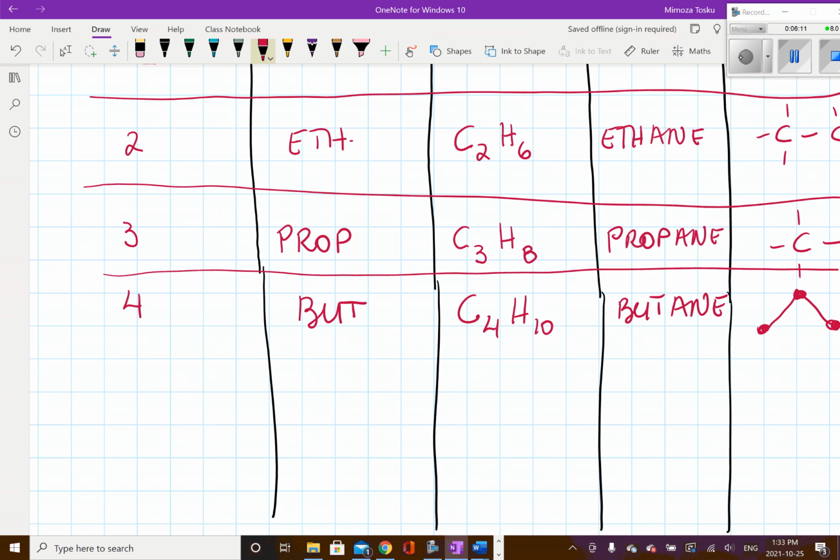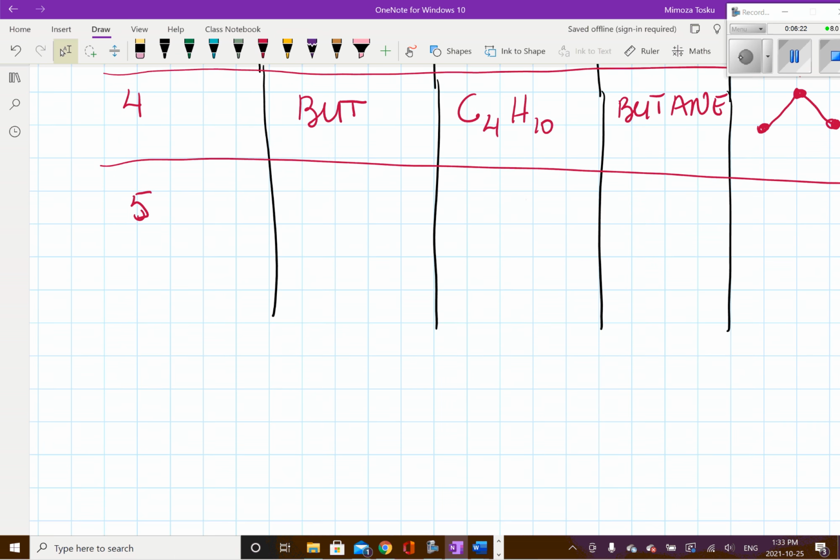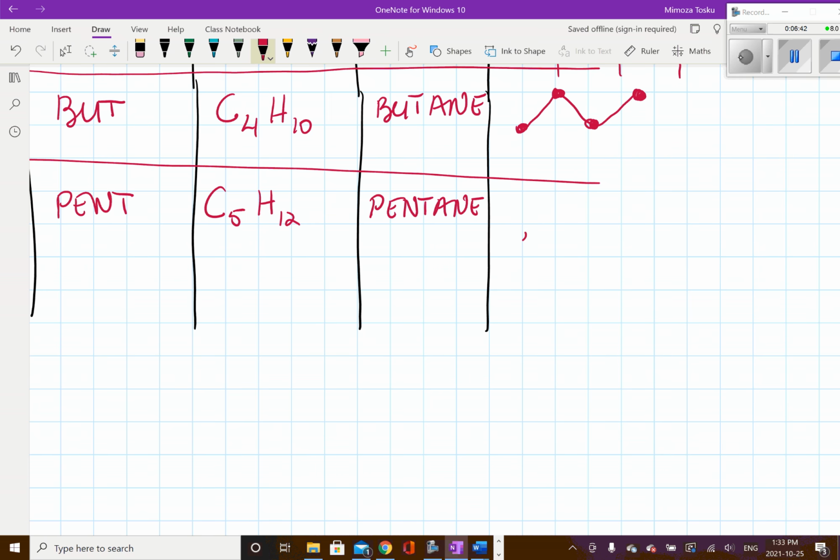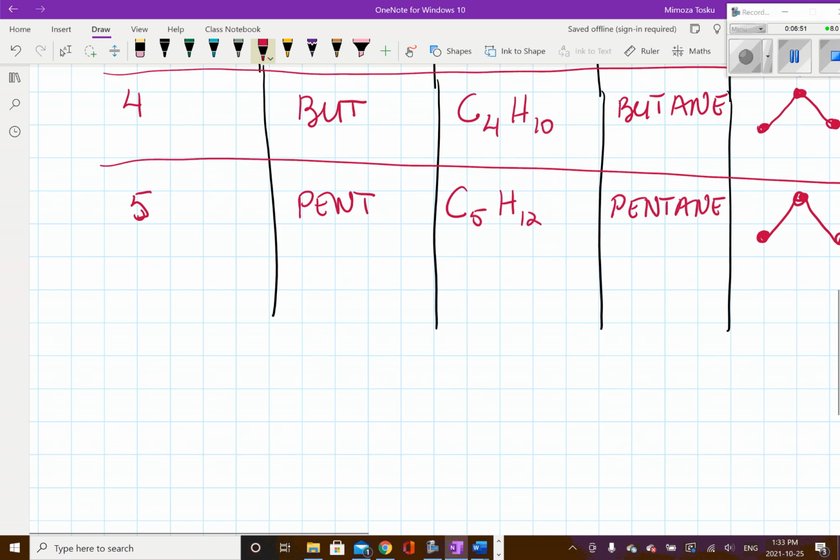Next one is 5, when we have 5 carbons. In that case the stem is pent. The formula is C5H, 5 times 2 is 10, plus 2 is 12, and the name is pentane. The line structure will be 1, 2, 3, 4, 5 carbons.